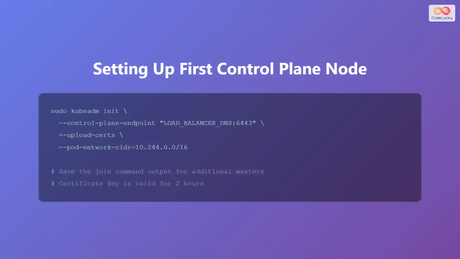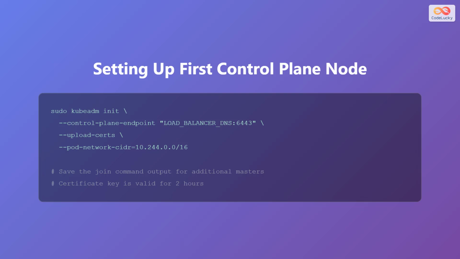Let's look at initializing the first control plane node using kubeadm. The init command requires several important parameters. The control plane endpoint flag specifies your load balancer's DNS name and port. This is critical because all nodes will use this address. The upload certs flag automatically uploads certificates to the cluster, making it easier to join additional master nodes.